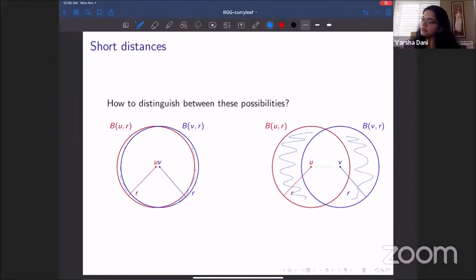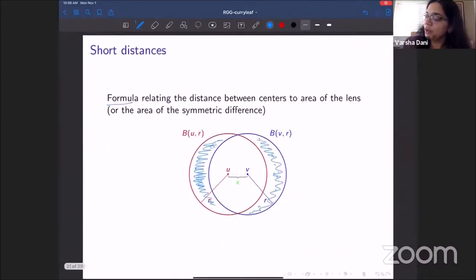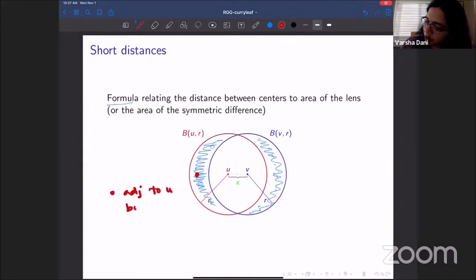Whereas here, there'll be lots of neighbors. Sorry, I didn't say, how do we know whether a point is in here or not, just based on the adjacency matrix? Well, in order to be in here, the point must be adjacent to u but not to v.